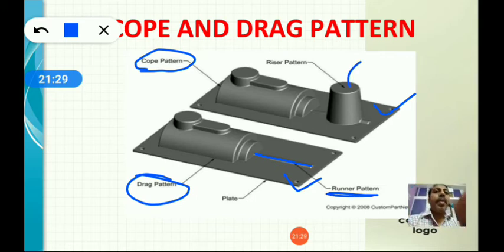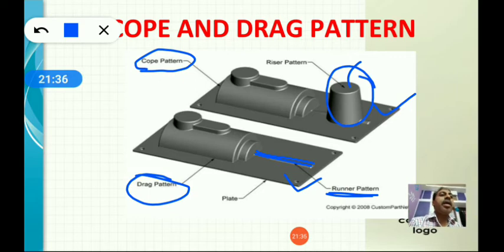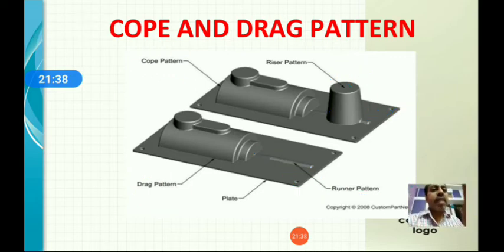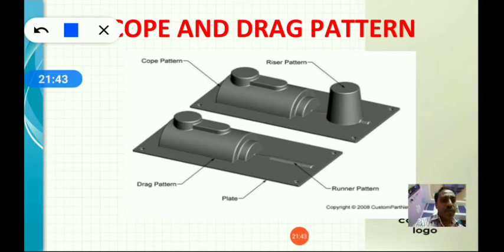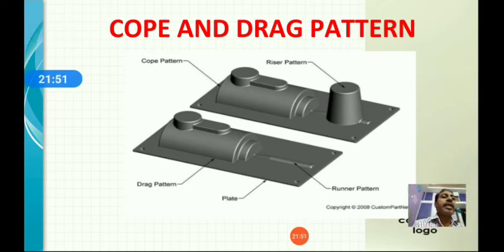So in cop and drag pattern, the runner and riser are connected with the pattern itself, so that separately we do not have to create the runner and riser in our flask. So this is the advantageous, easy, speedy process. Okay, so in cop and drag patterns, match plate is also there, but additionally runner and riser are placed.